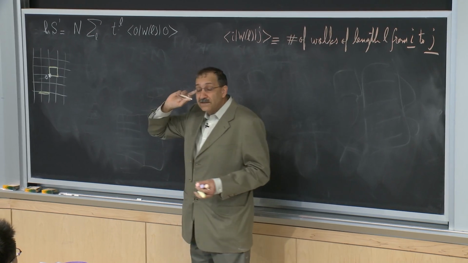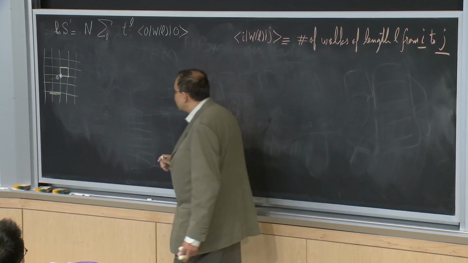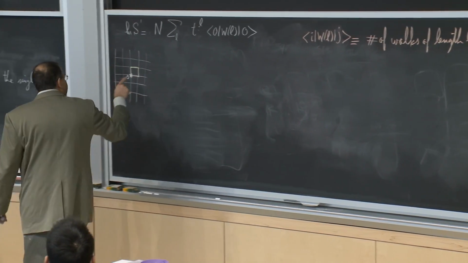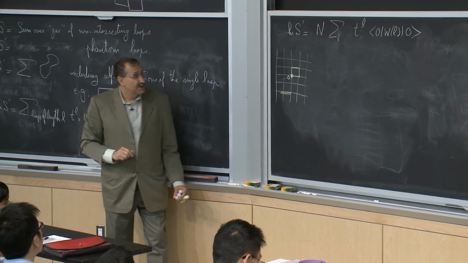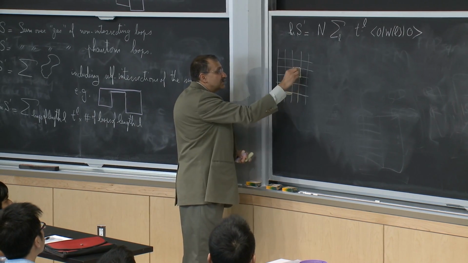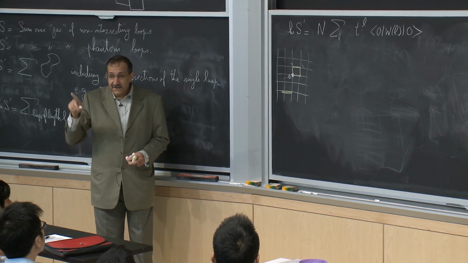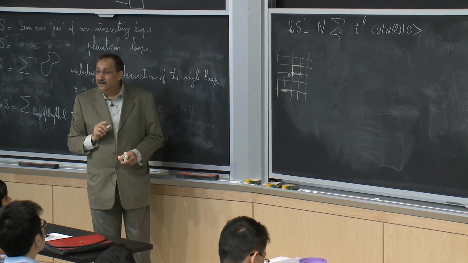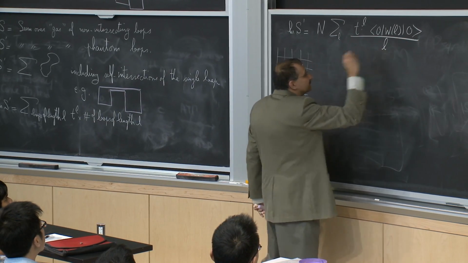Now, this is not entirely correct because there is an overcounting. This one square that I have drawn over here, I could have started from this point, this point, this point. And essentially, for something that has length L, I would have had L possible starting points.